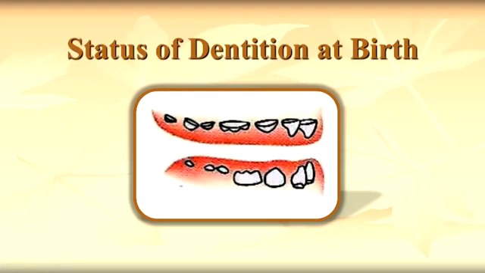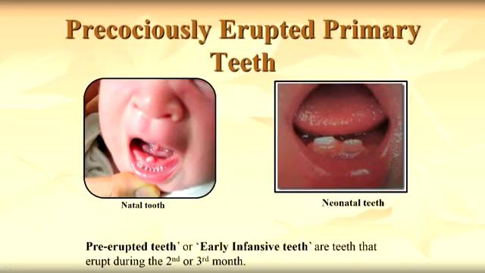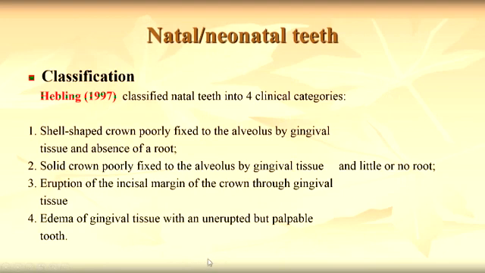Status of dentition at birth. Prematurely erupted primary teeth, natal and neonatal teeth, also called pre-erupted teeth or early infantile teeth, are teeth that erupted during the second or third month after birth.